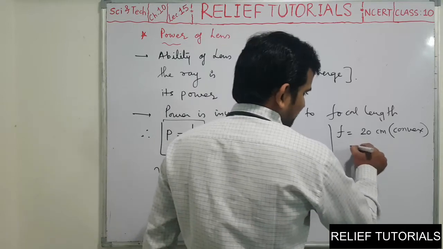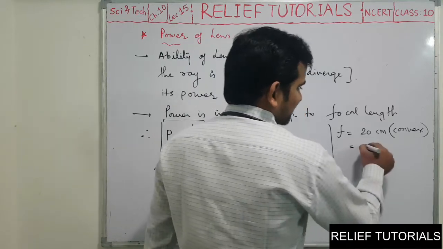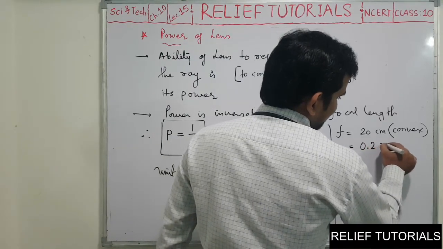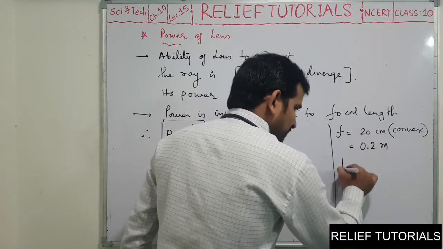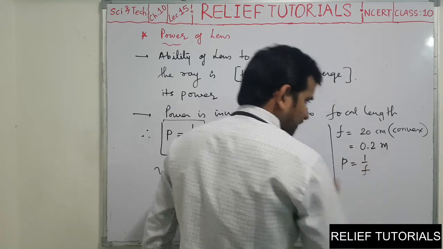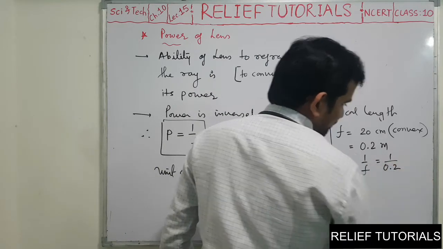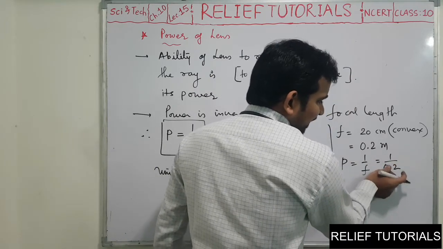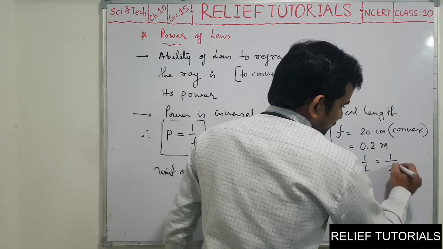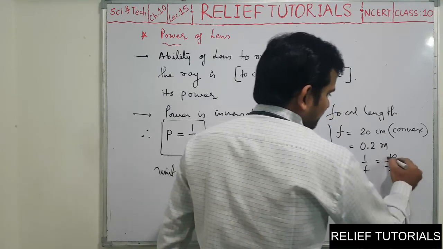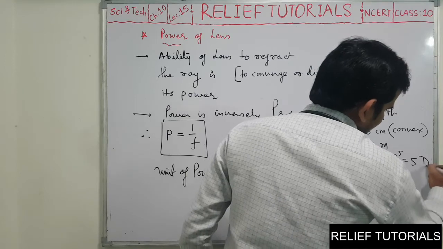First convert this into meter. 20 centimeter means 0.2 meter. And now find the power, P is equal to 1 by F. So 1 by F means 1 by 0.2, that is 10 by 2, so it should be 5 diopter.